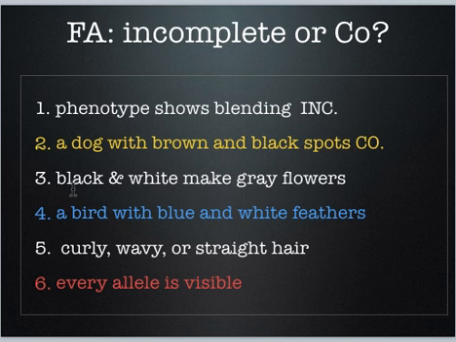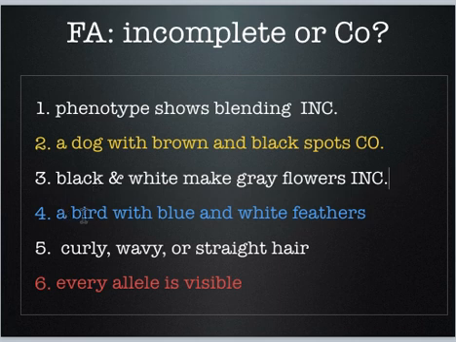So a black flowering plant and a white flowering plant. All the babies are gray. So is that going to be codominance or incomplete dominance? Well, incomplete dominance, because gray is what you get when you mix black and white colors together.